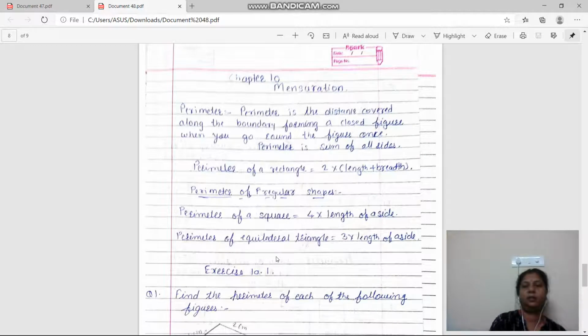One more formula is here: perimeter of a regular shape is equal to number of sides multiplied by length of a side. It is a little bit not easy to understand, that's why I have not given it here. If it is a regular polygon, then we can change its formula accordingly. So these notes we have to write in the copy, and after that leave a line and start exercise 10.1.